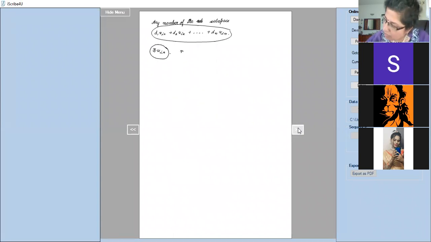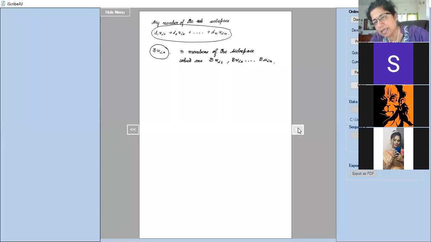There are n members of the subspace which are basically BUI1, BUI2, like that till BUIN. Okay, has everybody got it? There are n such members which are essentially these. Everybody got it?